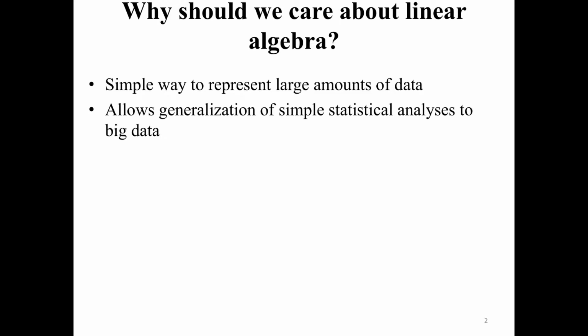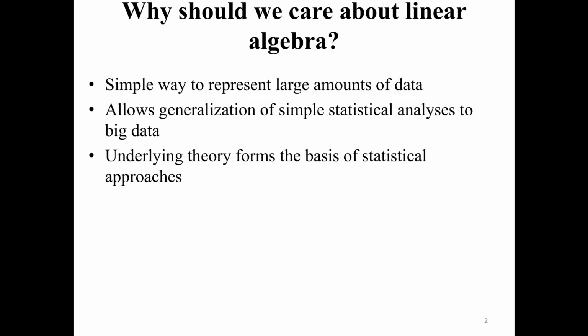In addition, it allows us to generalize simple statistical analyses in terms of big data. Basically we can take simple equations and generalize them so that we can consider millions of data points in one symbol. Also, the underlying theory of linear algebra basically forms the basis of statistical operations.